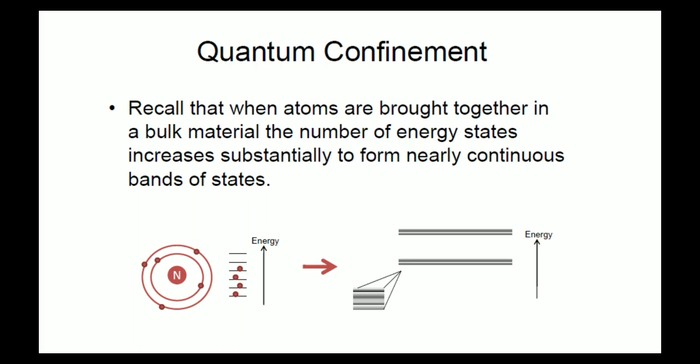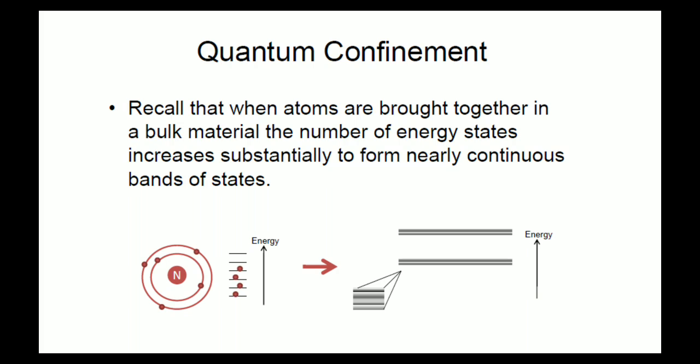A band is nothing but a continuous arrangement of energy states, and because the energy states are so many, the distance between them is too small, so we consider it as a continuous band. This is what is happening in case of a bulk material.